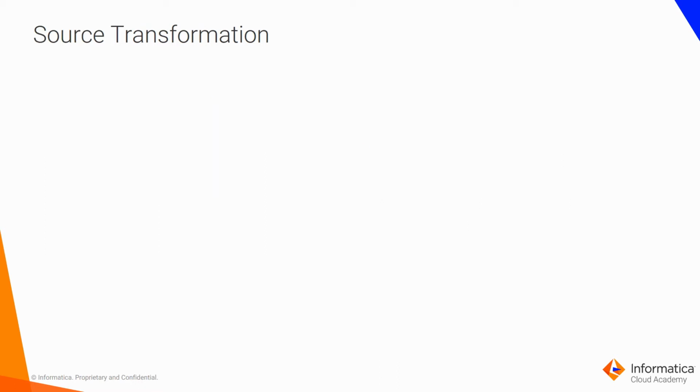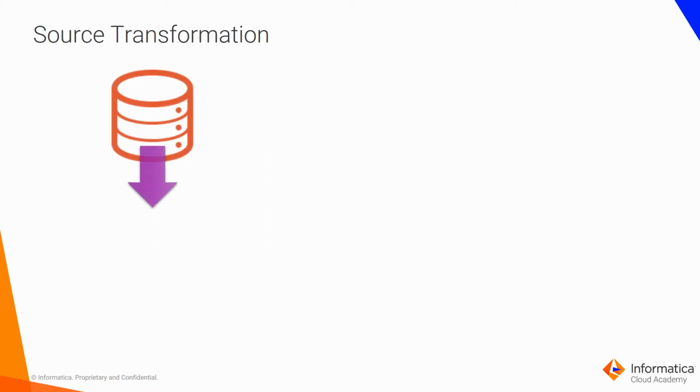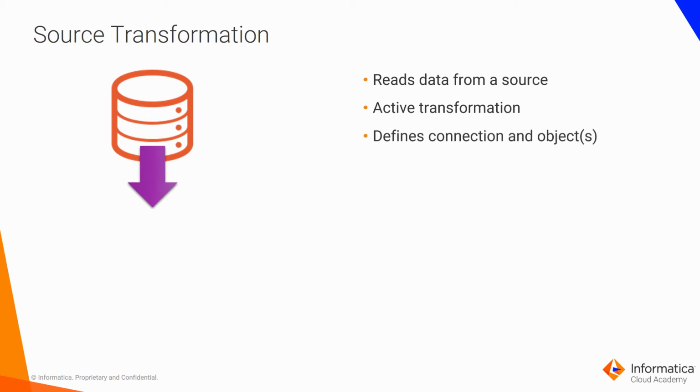Let us talk about some of the transformations available in the mapping designer. The source transformation reads data from a source, and it is an active transformation. You can add one or more source transformations to a mapping. When setting up a source transformation, you will specify a connection and an object or objects. There are some advanced options based on the connection type.